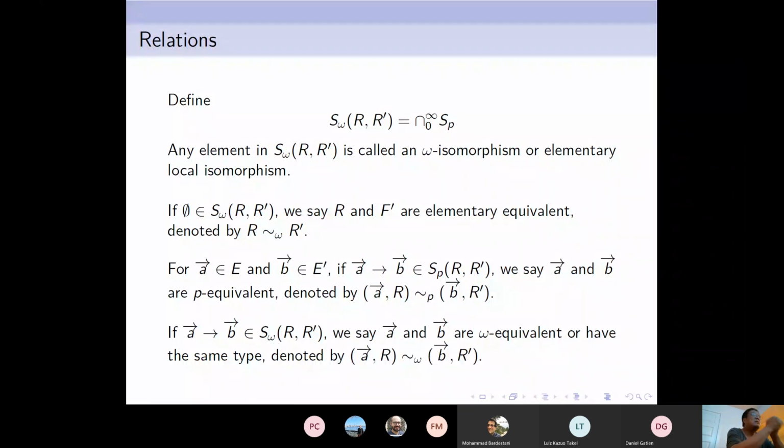From that we have another more important concept, elementary embedding. This actually gives us what we are going to need to prove Hilbert's Nullstellensatz.